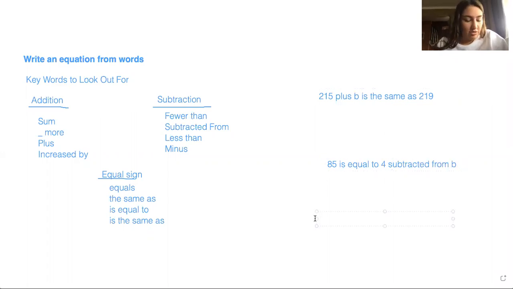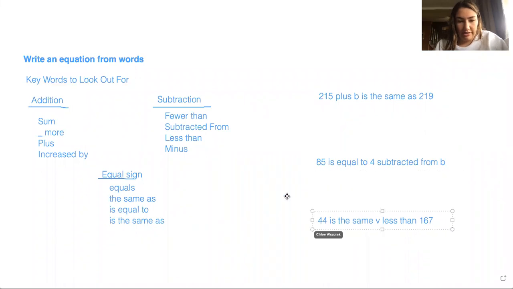And the last example will be 44 is the same as b less than 167. I'll give you a few seconds to try these out yourself. You can pause it if you need more time, or we can keep going through.